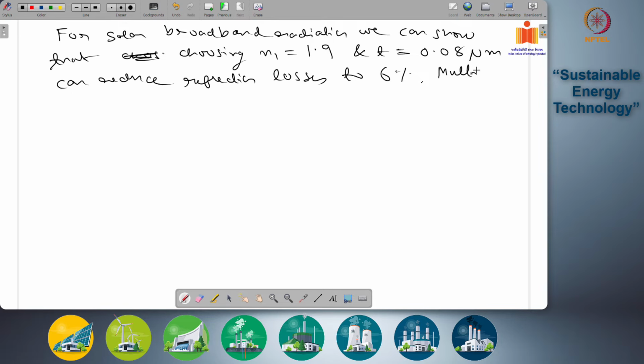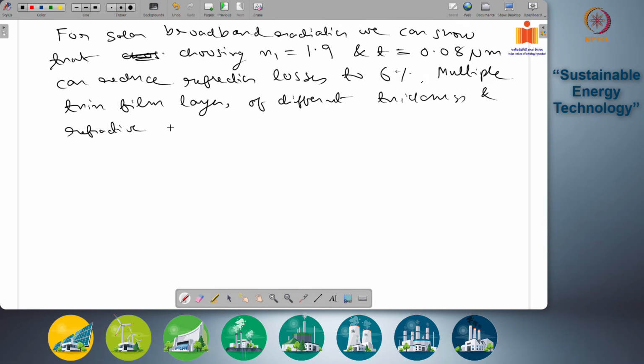and multiple thin film layers of different thickness and refractive index can be used simultaneously. So one thin film layer will specifically target a certain range of wavelengths.